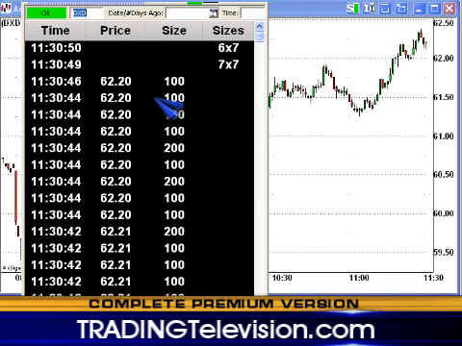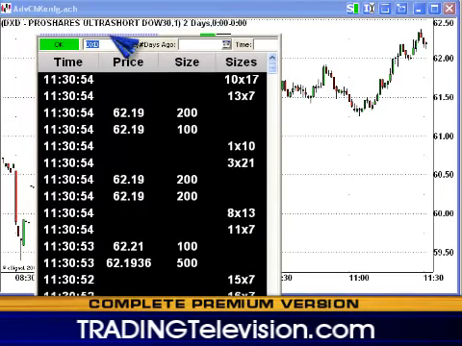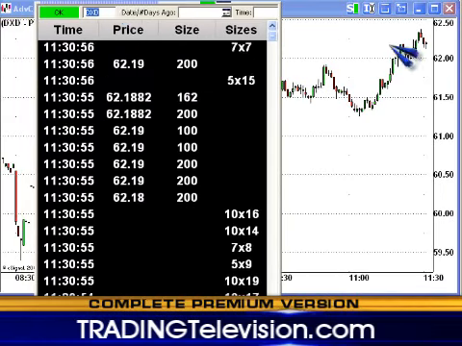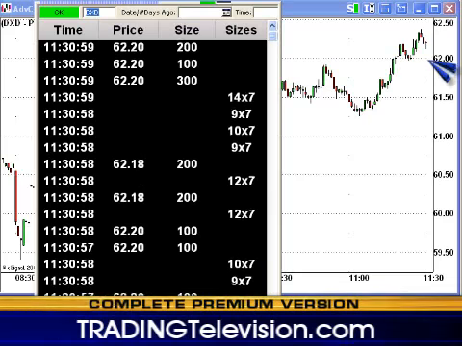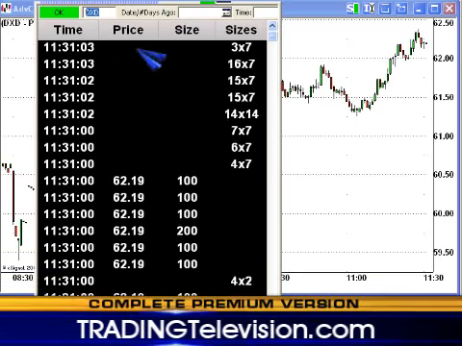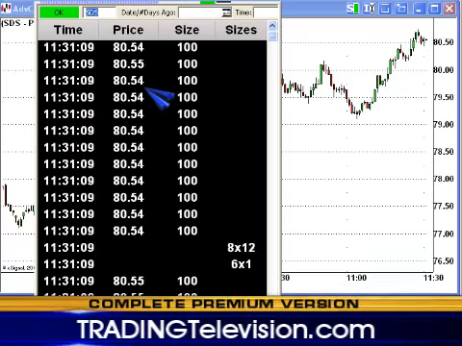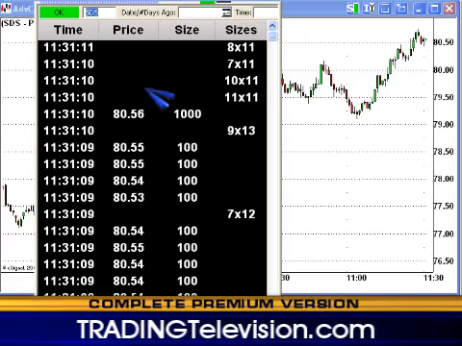DXD is the second of 3. This is the ultra short Dow, and you can see it's starting to move. Where would support be on it? Well, 62. So I'd want to see both the DXD get under 62 and the SDS get under and hold under 80.5 to tell me that buyers may be coming back in.